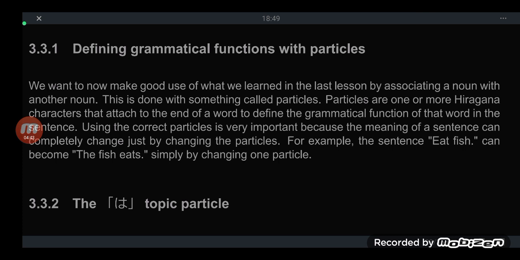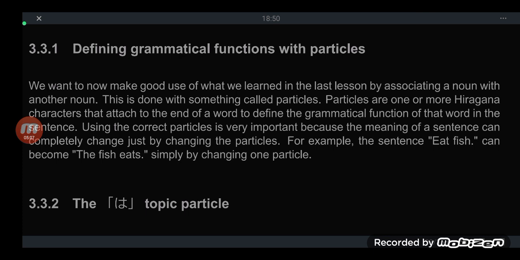Although if you write it in hiragana, you should be writing it as ha, take note, if you are to pronounce it, you have to pronounce it as wa. You pronounce it as wa, but you write it as ha. Okay, so that's the ha.